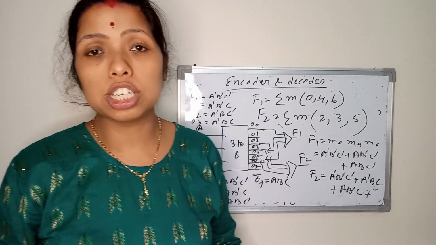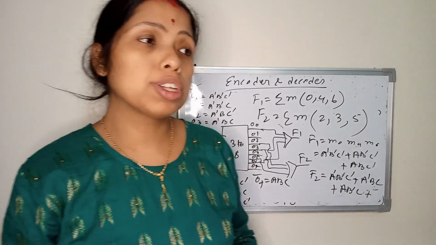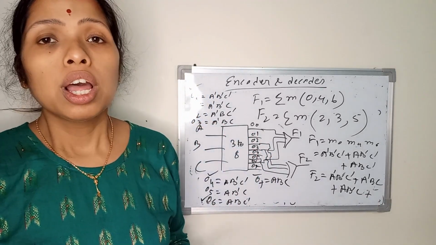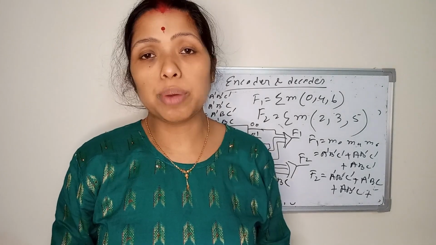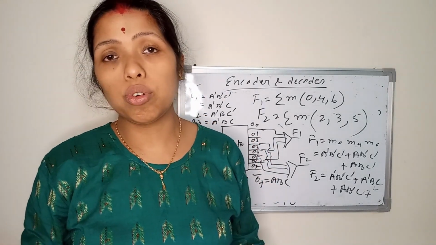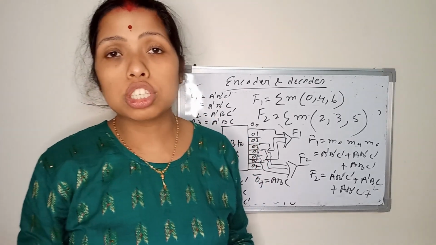If 2-variable functions are there, you have to use the 2 to 4 decoder. If 4 variables are there, you have to use the 4 to 16 decoder. Next class I will discuss the 4 to 16 decoder, followed by some concepts of the encoder. Thank you.